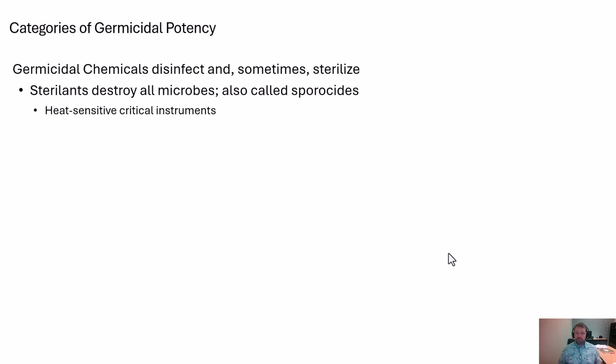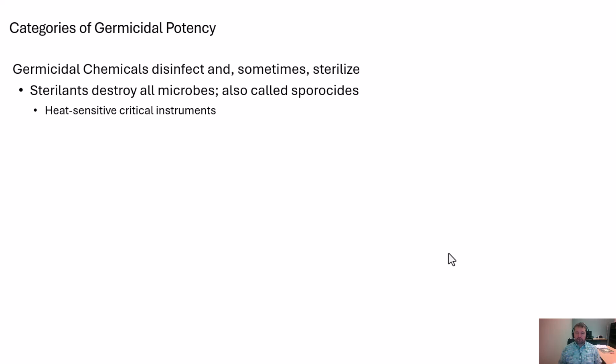We need them because we do have quite a few instruments that we use that are heat sensitive. So things that are made out of rubber or plastic, they can't be heated sometimes. Depending on the type of chemical, the chemical's safe enough to use on those instruments and still get a sterilant result.